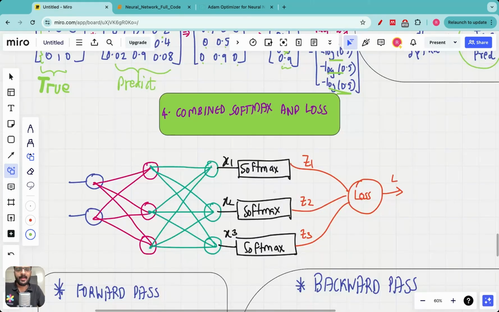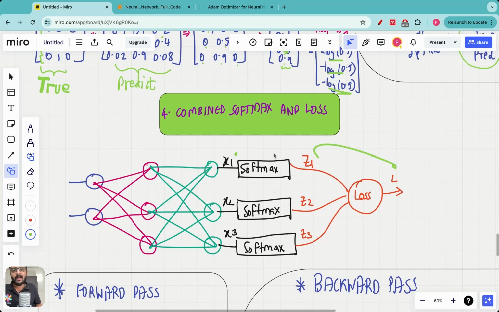We did not look at the back propagation or the backward pass for the softmax and the loss separately for a very specific reason. It turns out that if you combine the softmax and the loss, there is a very simple formula to find the partial derivative of the loss with respect to the softmax inputs. If we were to do the loss separately in the backward pass, we would have found the partial derivative of loss with respect to z1.